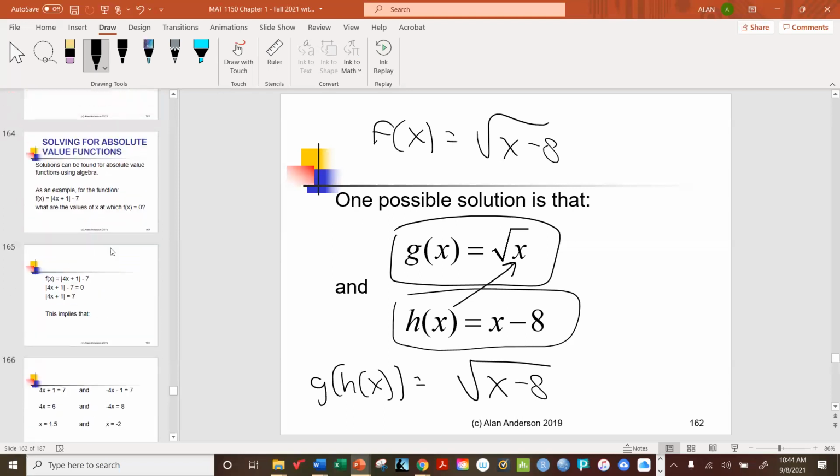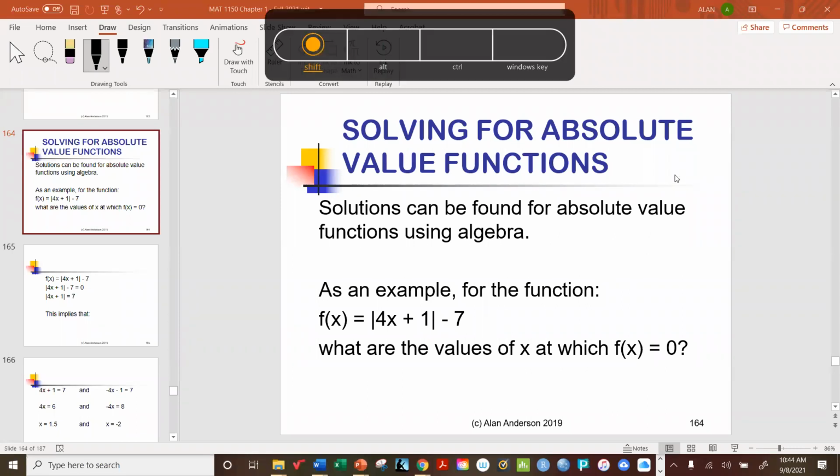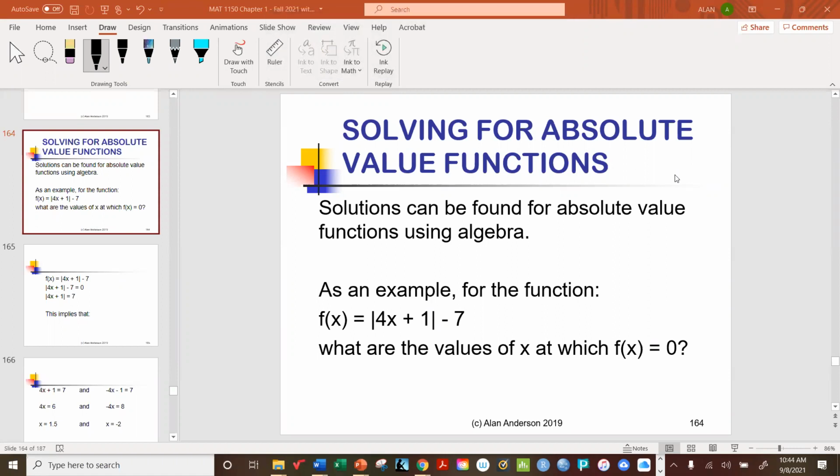Oh, and I see here we've got a refresher for absolute value. Now this is easy because you've done this before. Suppose you have this as your function. By the way, why don't we throw this into Symbol Lab so you can figure out what this is all about.